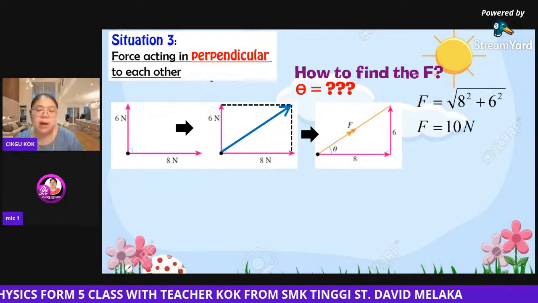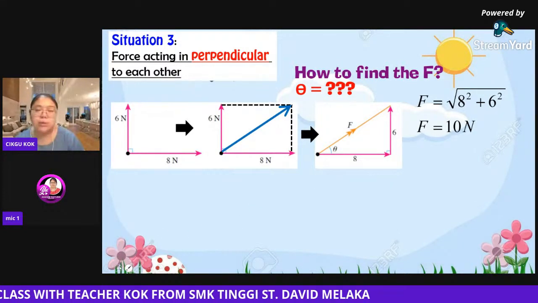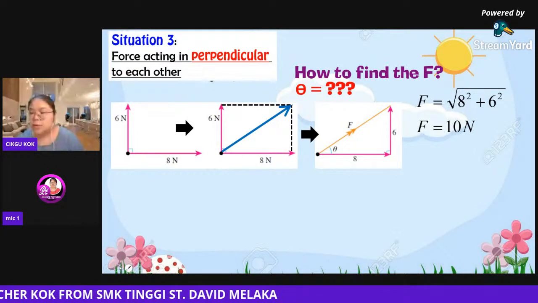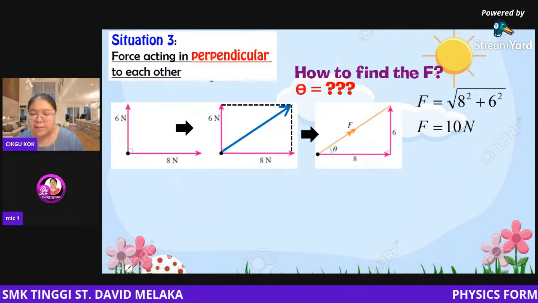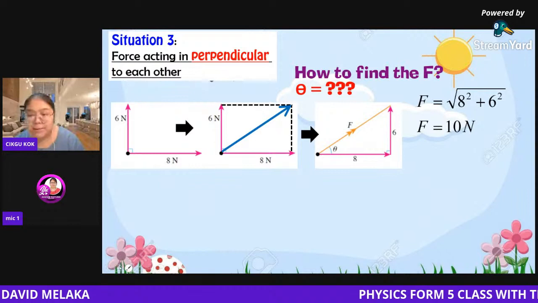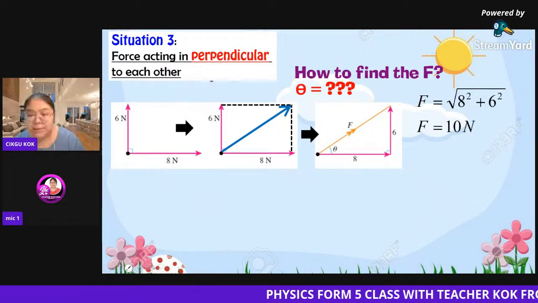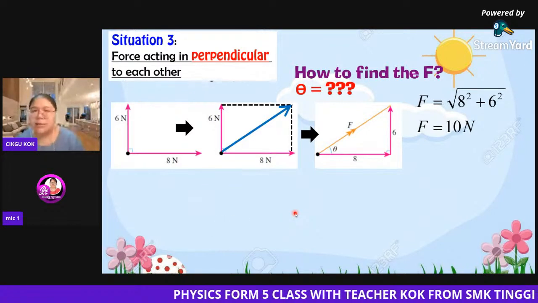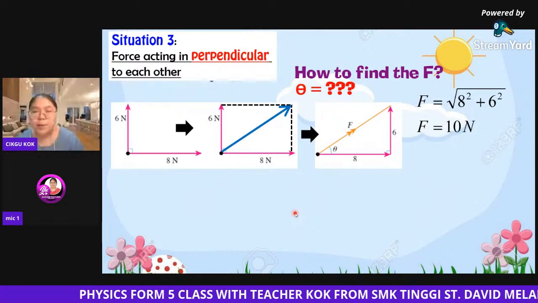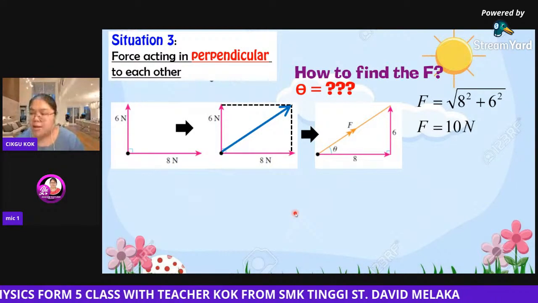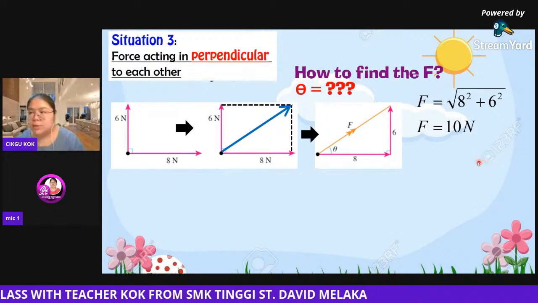Okay, let's see how to find theta. Before I go to find it, I want to ask, students, can anybody tell me what the angle is for this theta? I don't care what method you use. Important is you tell me what's theta. Okay, we check.